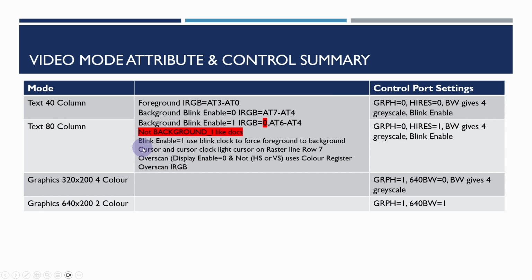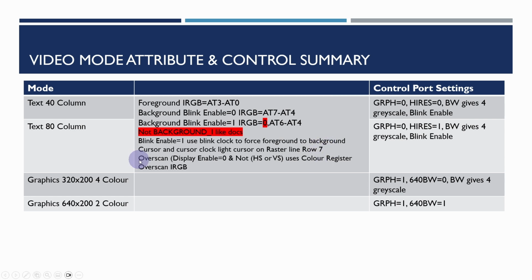And by default, the cursor will generally be shown on the raster line row 7, although in fact, because we have double scanned our lines here, so rather than making the display up of 200 lines, it's made up of 400 lines, the row numbers will probably be something like 14 and 15.